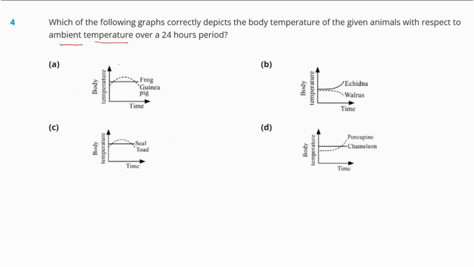Here we need to find out which are the cold-blooded animals and which are the warm-blooded animals. Why is this so? Because warm-blooded animals will not change their body temperature with the change in the outside temperature or the time, whereas cold-blooded animals would be able to do that.